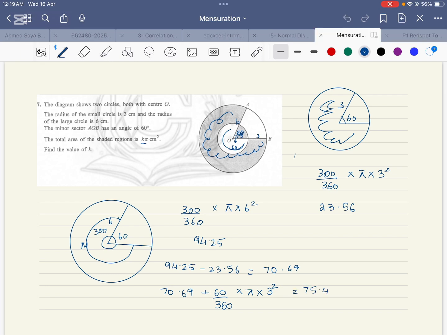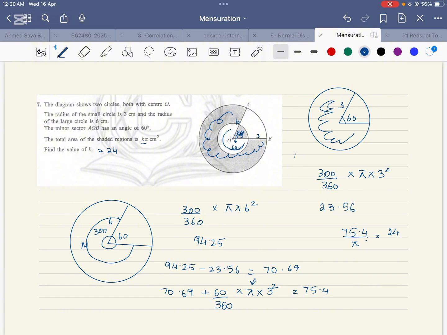Now they want the area in terms of pi, so what we can do is divide 75.4 by pi, or we could have just let pi stay as it is. So when you divide 75.4 by pi, you are going to get 24. The value of K is 24.